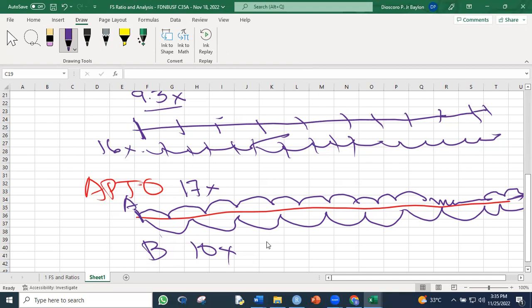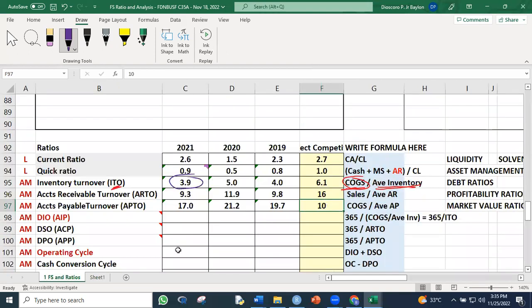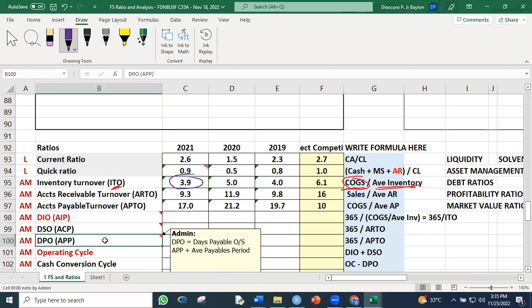All right. The answer here, class, let's postpone the answer. Let me link this to this: Apto is related to DPO.